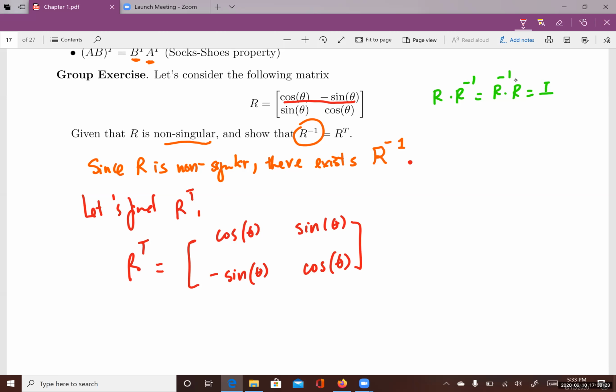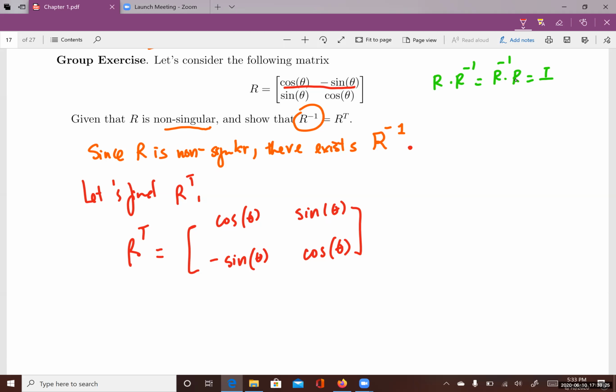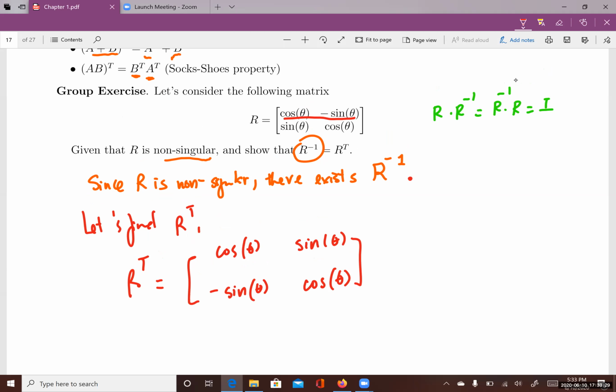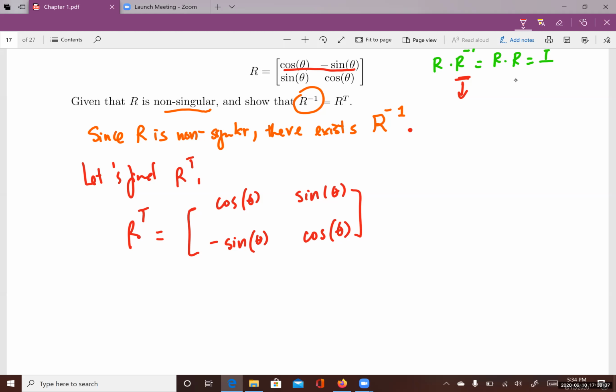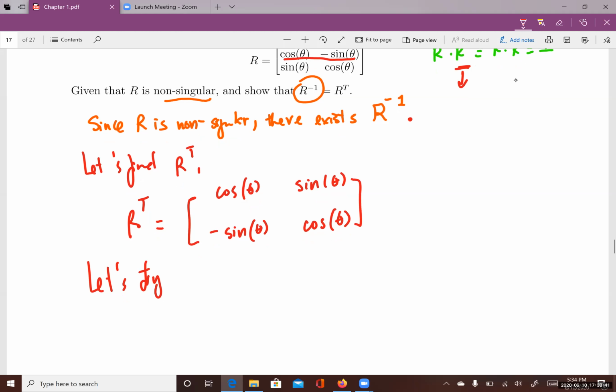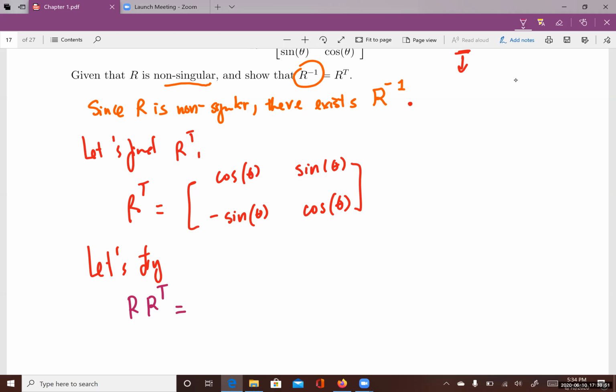In order to show that R transpose is the same as R inverse, we know that R inverse is a matrix where you multiply it by R and you get I, right? So let's try R times R transpose and see what it is.